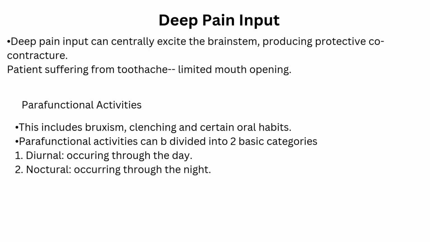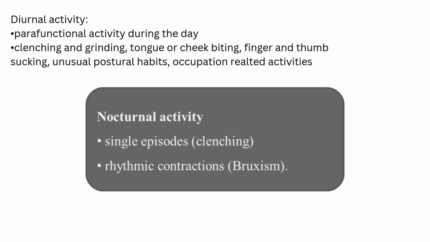Okay, but mainly deep pain inputs are seen from parafunctional activities. Okay, it could be because of clenching, bruxism, thumb sucking or finger sucking, or because of your cheek or tongue biting. Okay, now parafunctional activities could occur throughout the day, which is known as diurnal, or throughout the night, that is nocturnal.